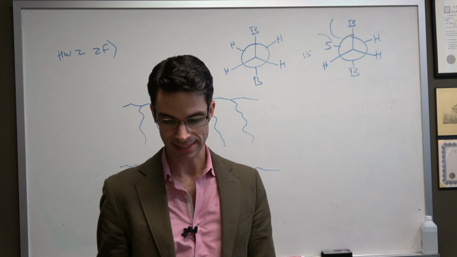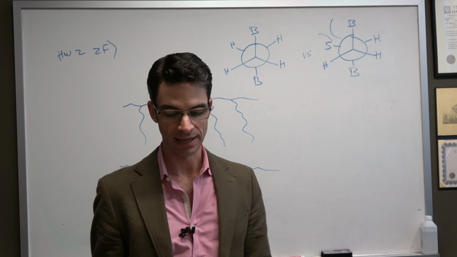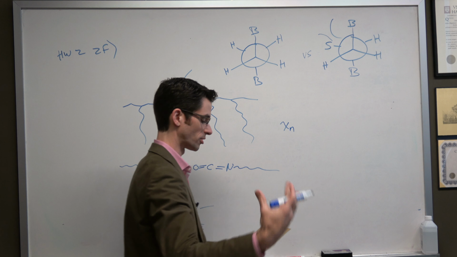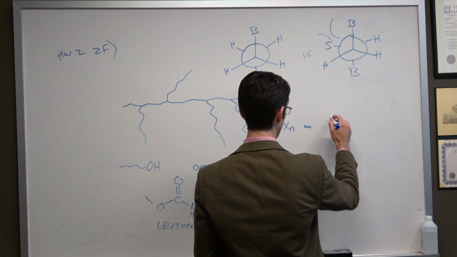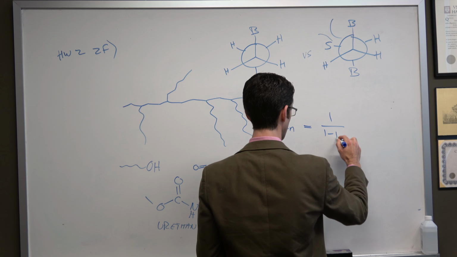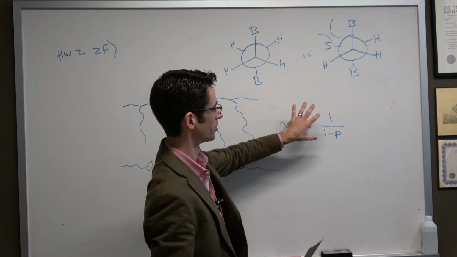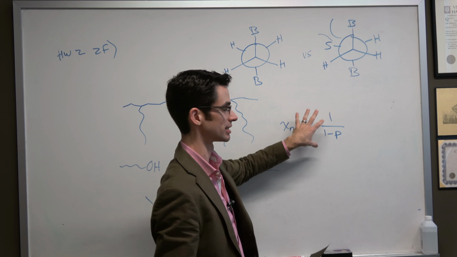There's a question about exam 1, number 4C. In that example, the question referred to the Flory distribution, and I'm not going to ask you to derive the Flory distribution, but in the derivation of the Flory distribution, we needed the definition of x sub n in terms of p, which is the Carothers equation.